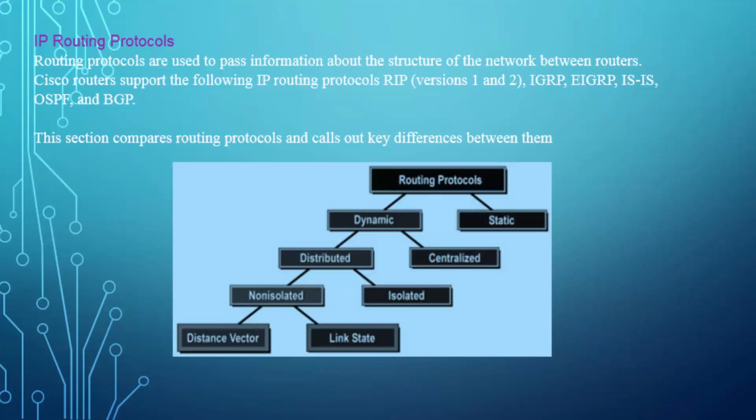OSPF we're going to use a lot, and BGP we are not going to see very often, but it's a very important protocol because it carries one of the most important things in the world nowadays, the internet. In this session we're going to compare the different routing protocols and call out key differences between them.